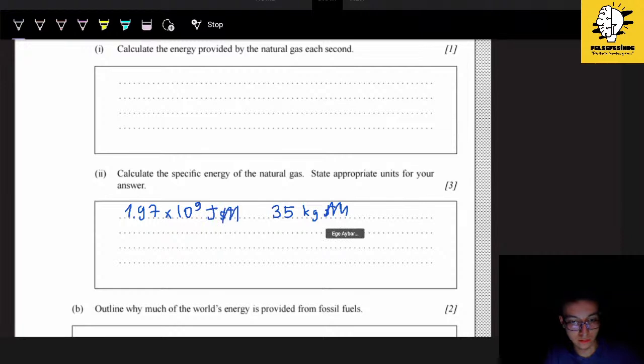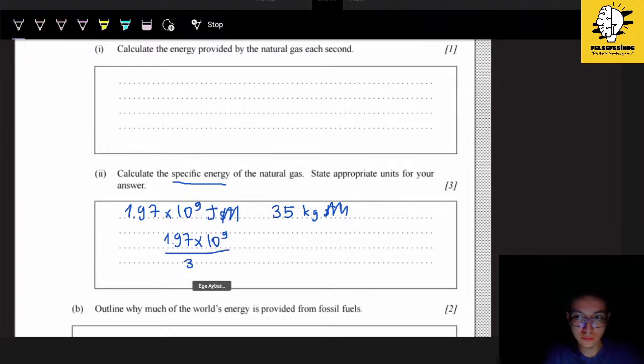To calculate the specific energy, it is energy over mass. Let's write it. Over 35 kilograms. And it is saying appropriate units. Before we write this, it is asking appropriate units.